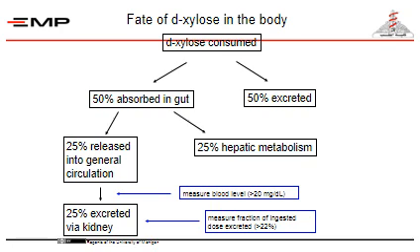Here we can measure the blood level. Normally it's more than 20 mg per deciliter. Then this amount will be excreted via the kidney, and we collect urine for 5 hours and measure a fraction of this ingested dose. Normally it is more than 22% of the ingested amount.